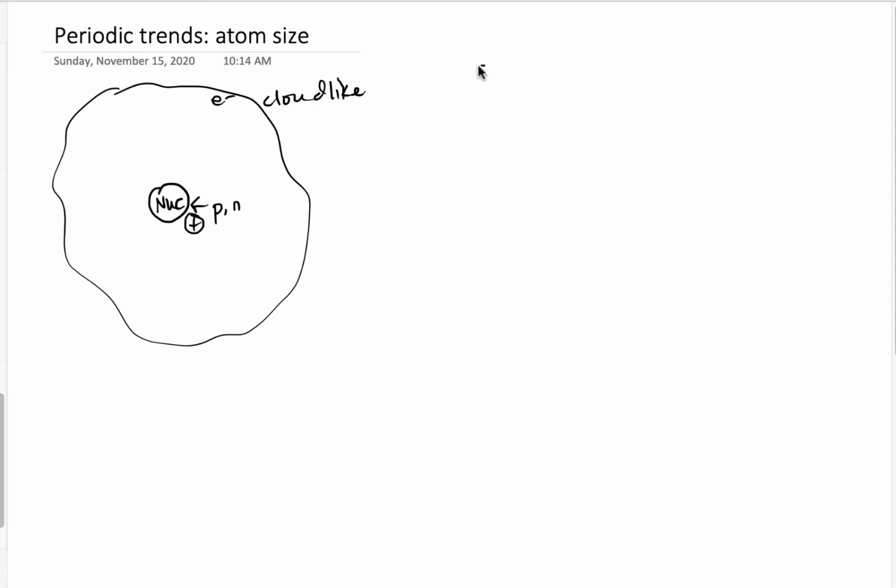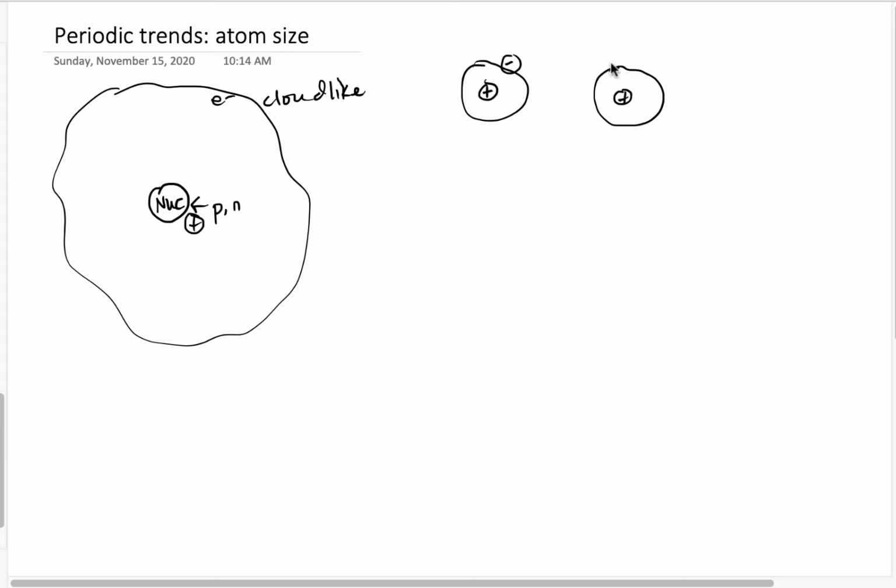But we can also see that it is the electron area of the clouds that is how atoms interact with each other. Because if you have something that has some positive character in the middle and some negative character outside, and it approaches another atom that also has positive character in its nucleus and negative outside, then it's going to feel some opposing forces.